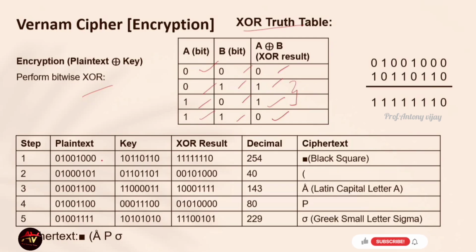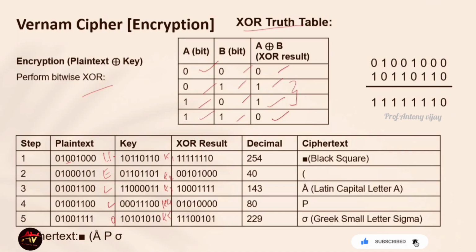We already have the plain text: H, E, L, L, O. H is converted into binary, and for the key we have K1, K2, K3, K4 and K5. Now we have to apply XOR.